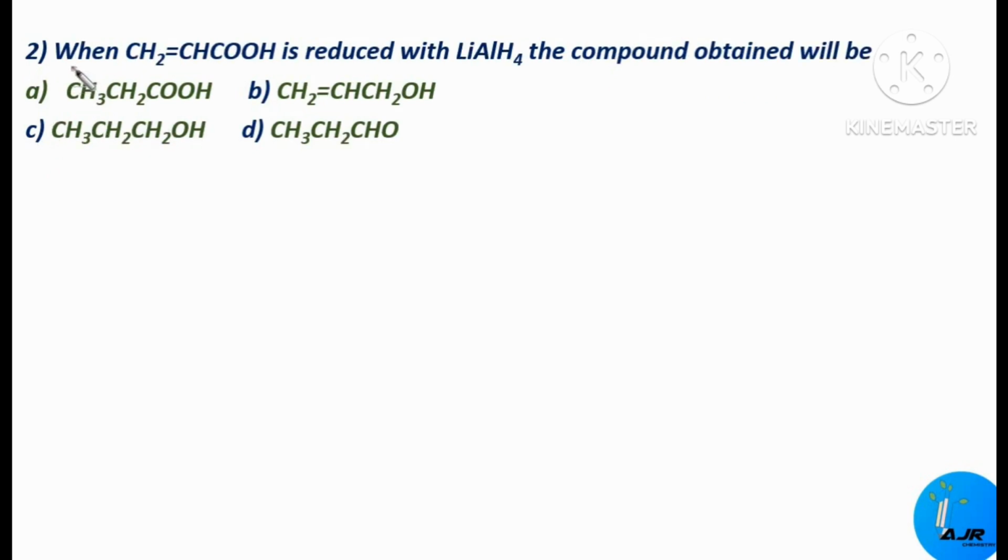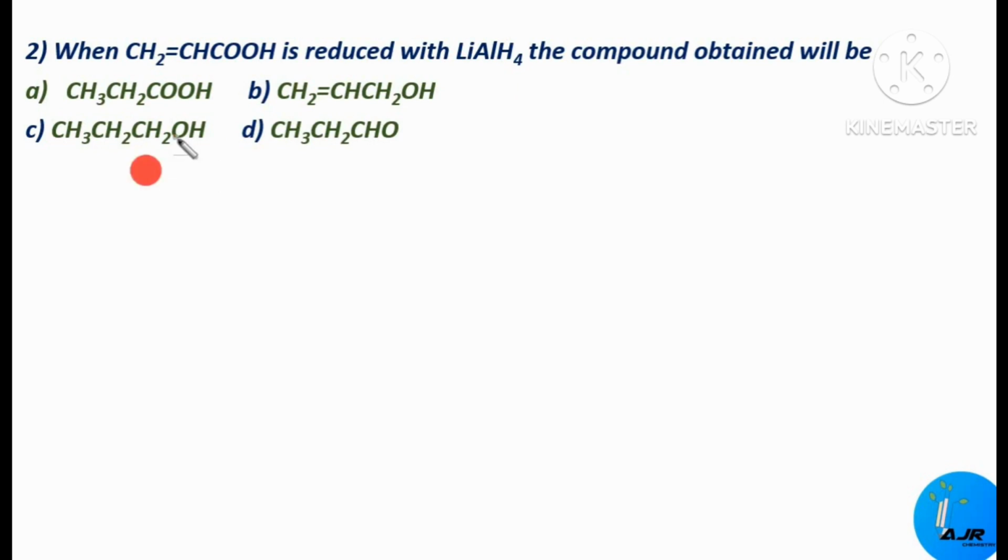The next important question is, when CH2=CHCOOH is reduced with lithium aluminum hydride, the compound obtained will be. See here we are given an unsaturated acid and they are asking, when this unsaturated acid is reduced with lithium aluminum hydride, what compound will we get. Four types of answers were given.